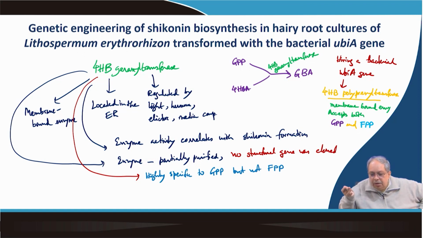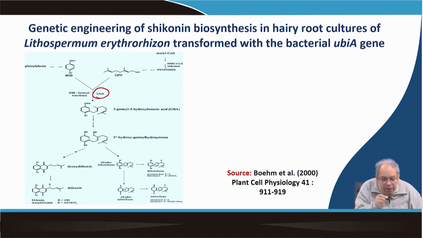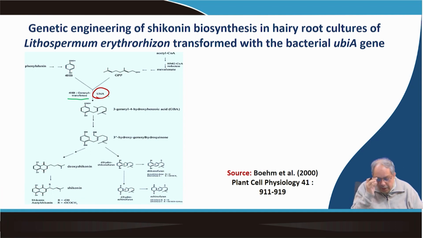So, transferring this gene into Lithospermum may do the work. So, the UBIA gene was taken from E. coli, which is 4-hydroxybenzoate polyprenyl transferase, the bacterial gene, whereas the 4-HB geranyl transferase is the plant gene. They expressed it again in the hairy roots using co-transformed hairy roots, and the construct is very interesting.